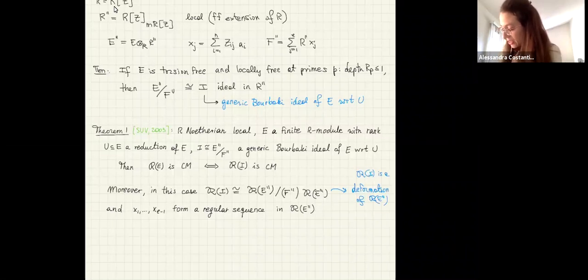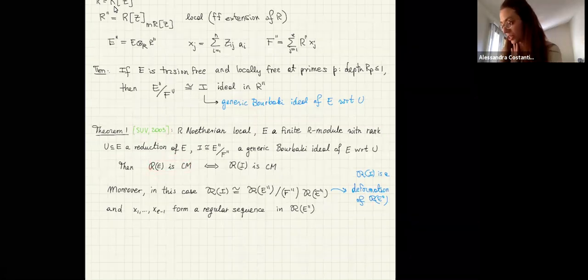And working on the Cohen-Macaulay property of Rees algebras was the main goal of my thesis. Basically, in the paper of Simis, Ulrich, and Vasconcelos, they have this result, but then the real struggle is to find sufficient conditions for the Rees algebra of a module to be Cohen-Macaulay.